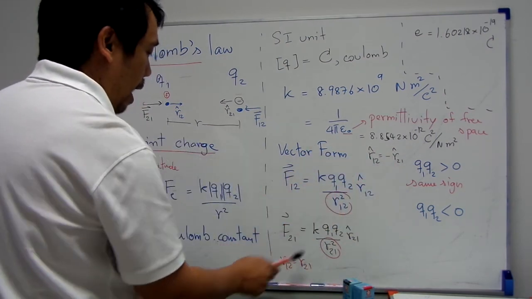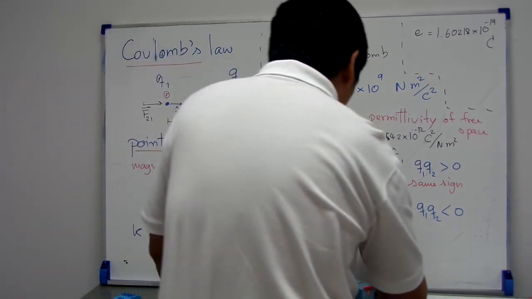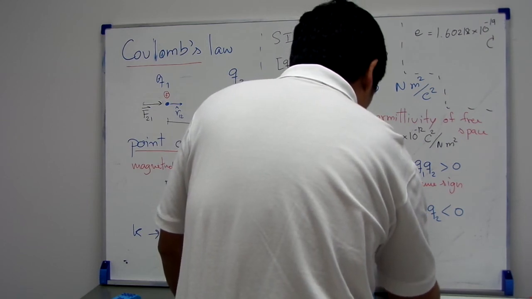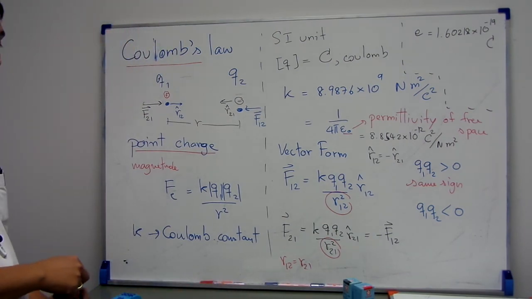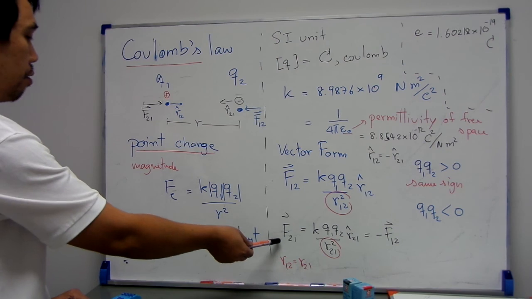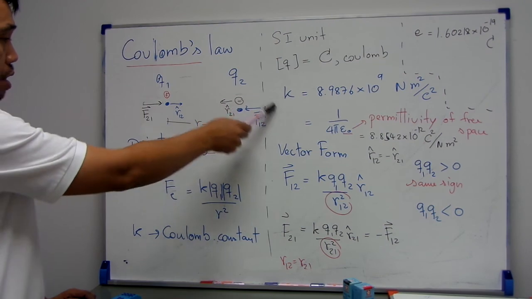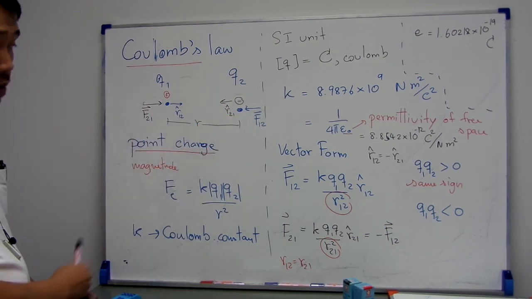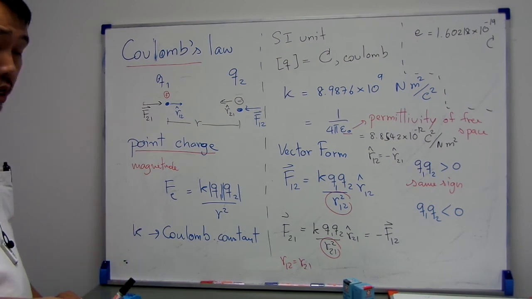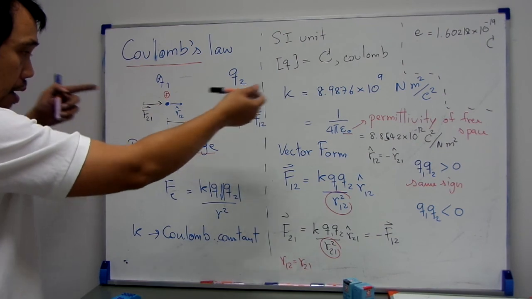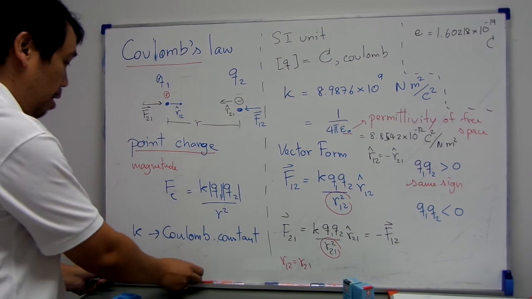Substituting this into F21, we will have that this is equal to minus F12. So F21 is equal to the minus of F12, which is great. You can see that this is F12 and this is F21, in the opposite direction. Their magnitudes are equal, but the directions are opposite.